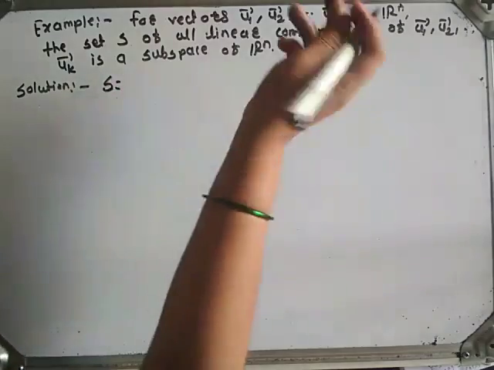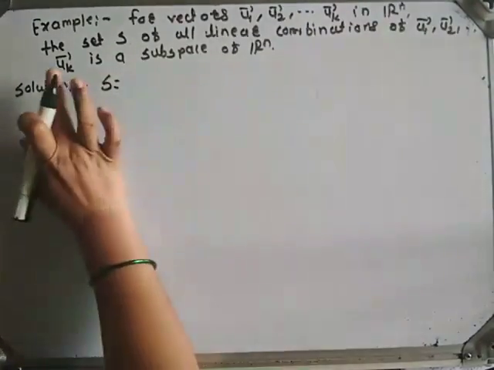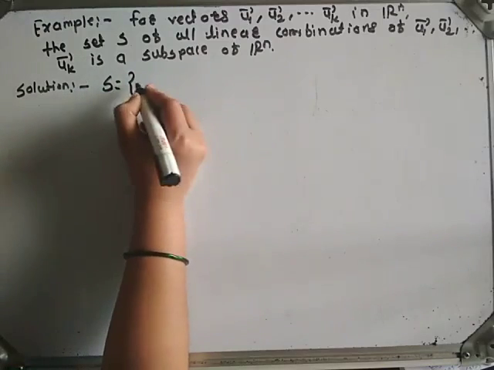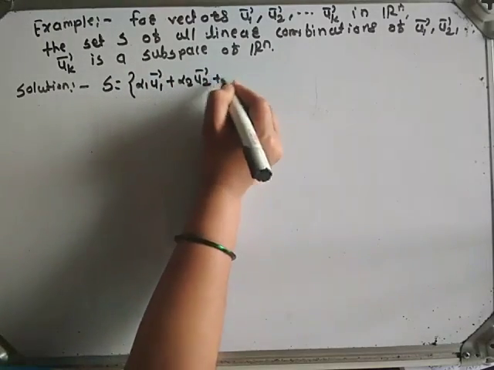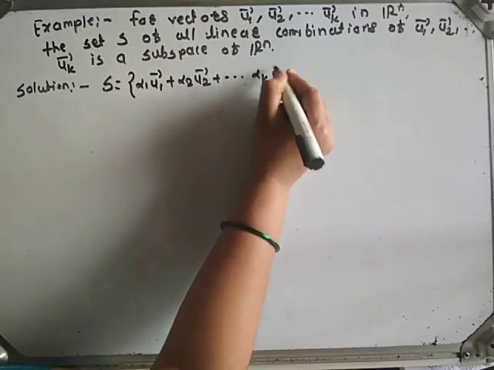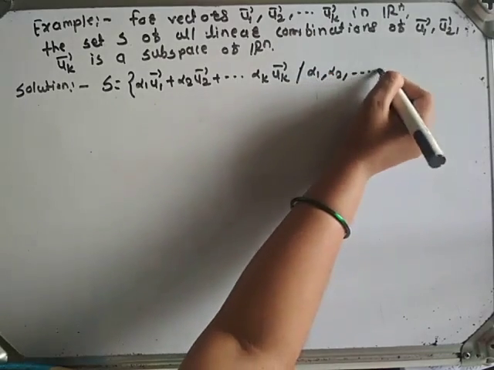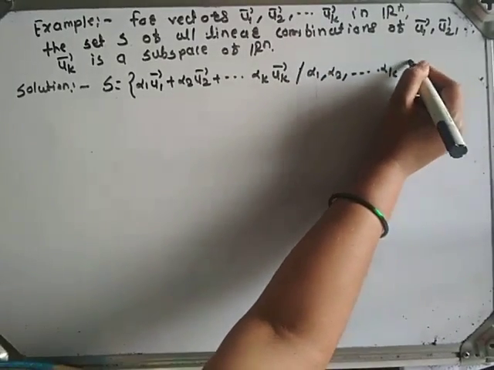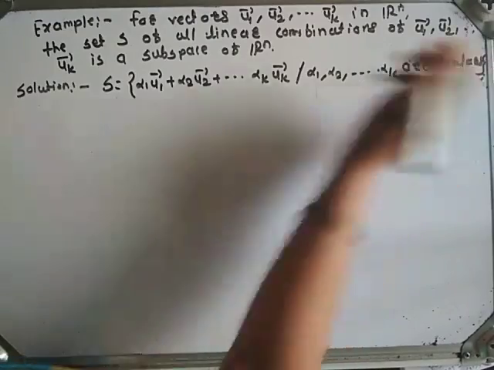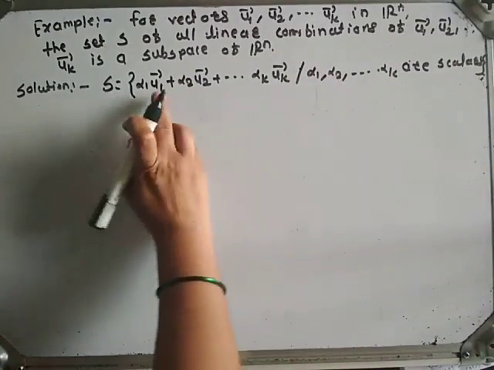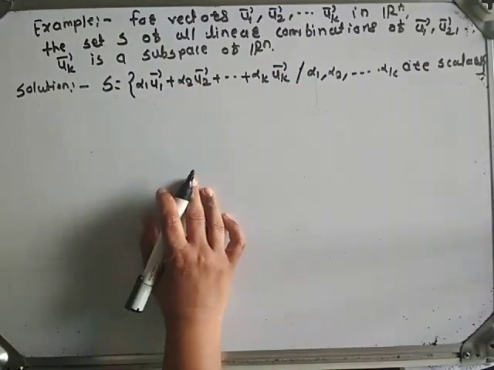It means the set is of the form alpha 1 u1 bar plus alpha 2 u2 bar plus and so on up to alpha k uk bar, such that alpha 1, alpha 2 and so on up to alpha k are scalars. Every element of this set S is of the form alpha 1 u1 bar plus and so on up to alpha k uk bar.